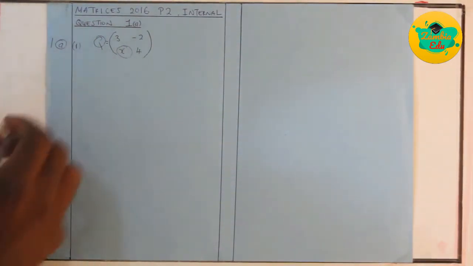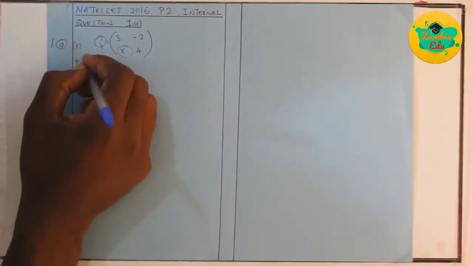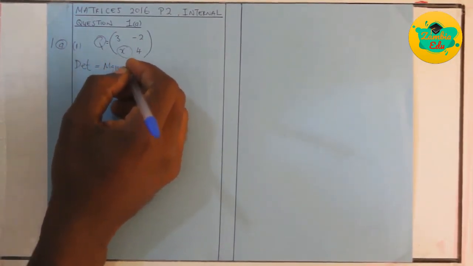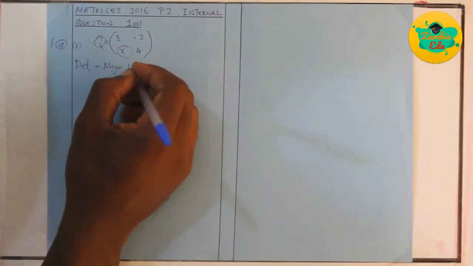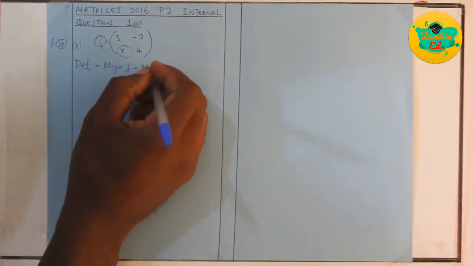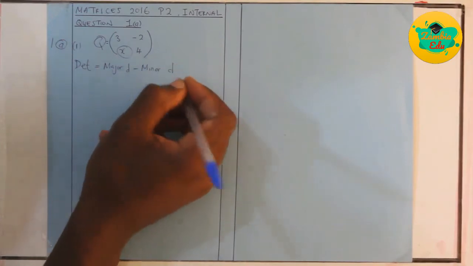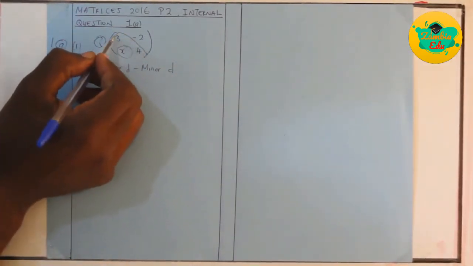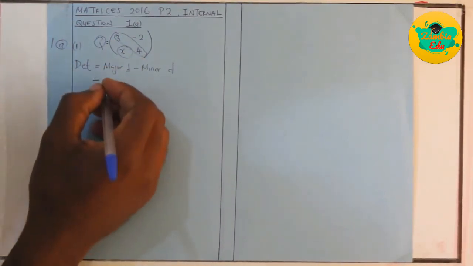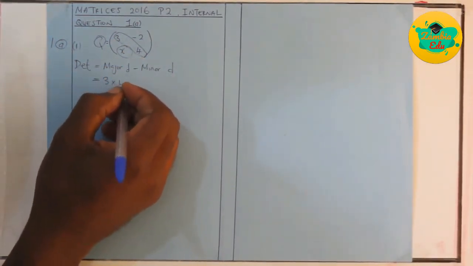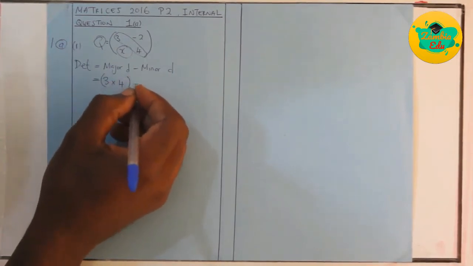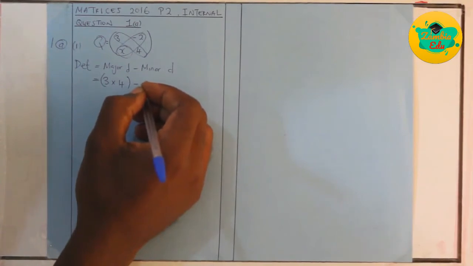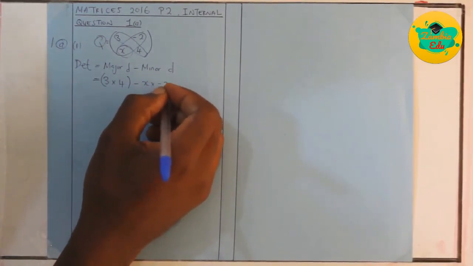So one thing that we know is determinant is equal to the major diagonal minus the minor diagonal. Our major diagonal is this one, 3 by 4, minus our minor diagonal being this one, x times negative 2.